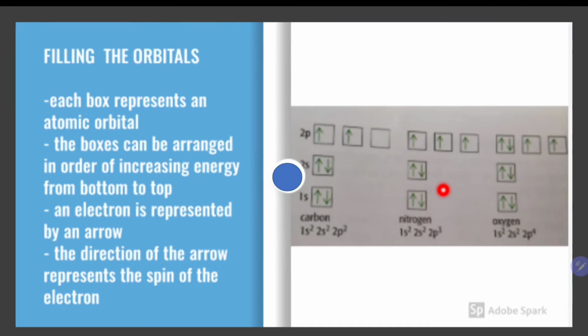Once again, we try carbon, number 6. So the configuration is 1s2, 2s2, 2p2. 1s is the lowest energy level here. Then continue with the higher energy level, 2s, and then 2p.